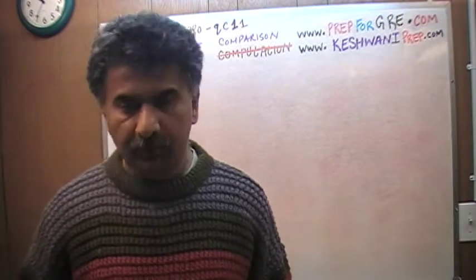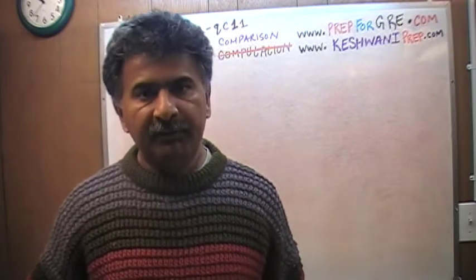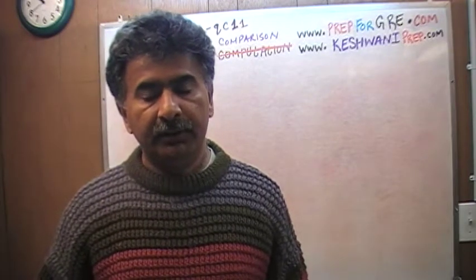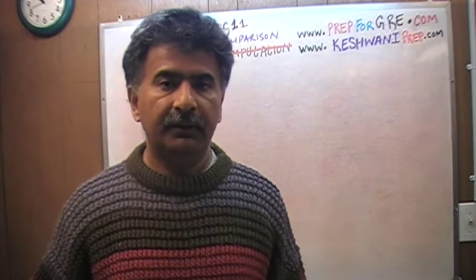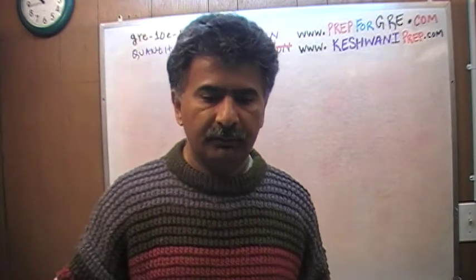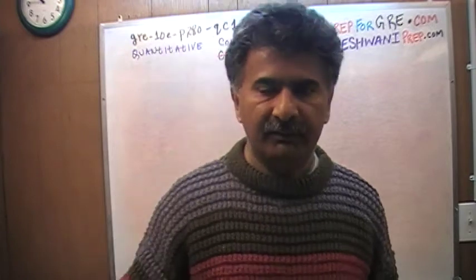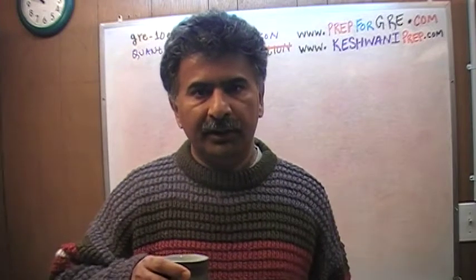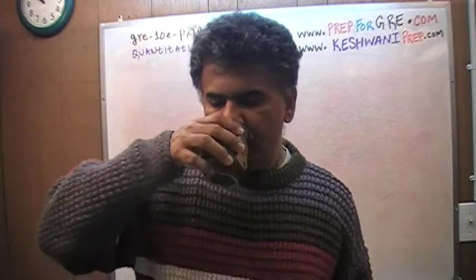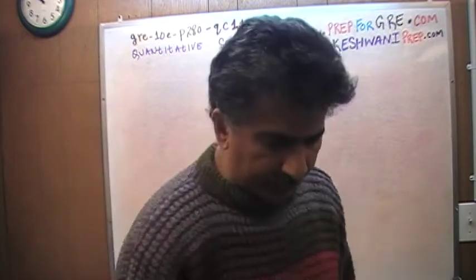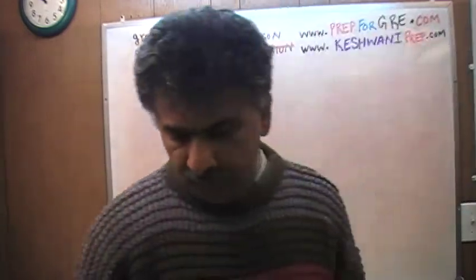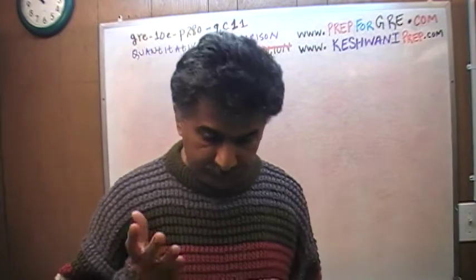They used to give you 15 quantitative comparison questions, which meant that the first 5 were easy, 6 through 10 were medium, and 11 through 15 were supposedly hard.